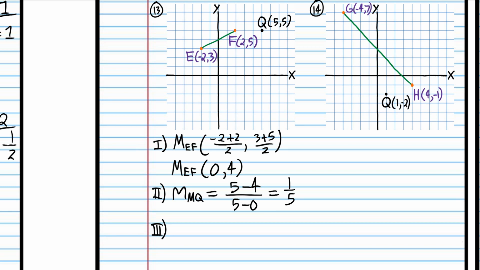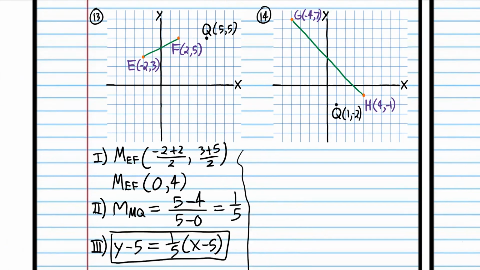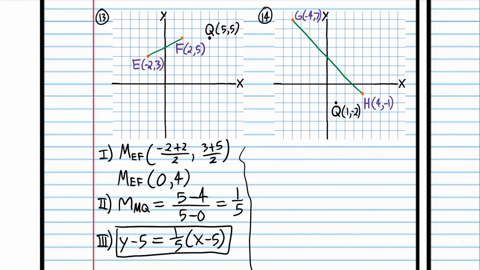So we can write the equation, and I'm going to use Q as our point, so y minus 5 is equal to the slope we just found times x minus 5. And that is an equation of the line going through Q and the midpoint of EF. So if you got that answer, good job. Go ahead and try number 14. I'm going to keep 13 in the window, and when you come back, we'll do it together.